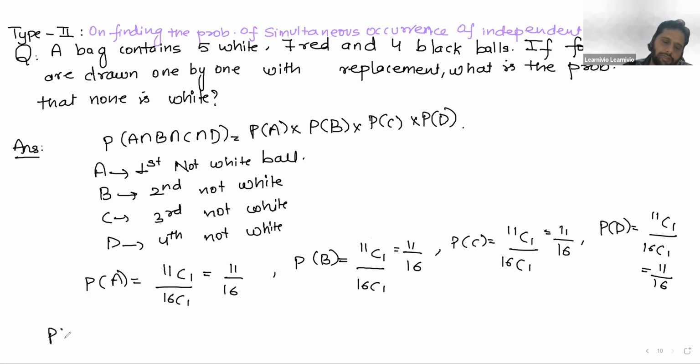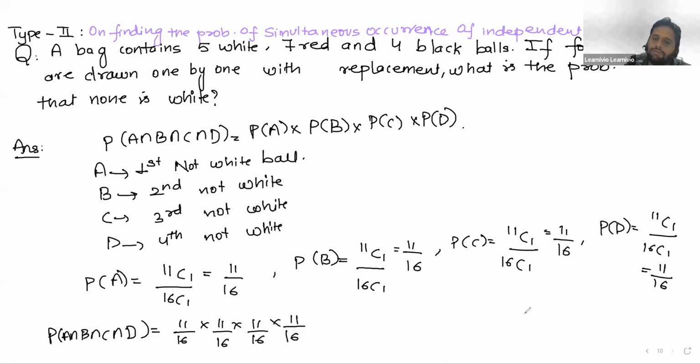So P(A intersection B intersection C intersection D), what will be this? It is equal to 11 by 16 into 11 by 16 into 11 by 16 into 11 by 16. This is clear, Saf? Yes, sir. Okay, Nabil, is it clear? Yes, sir.